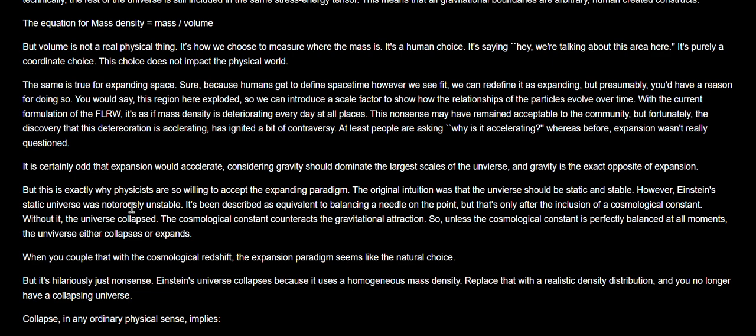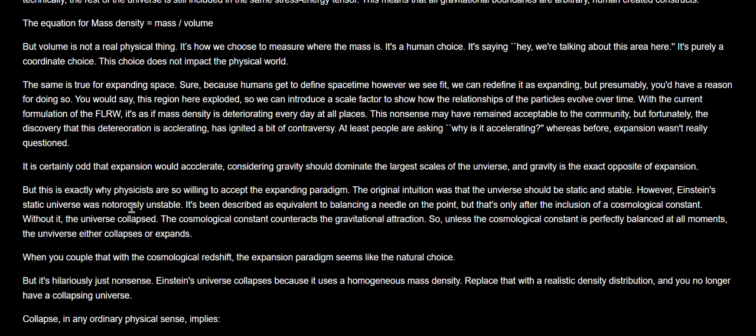It wasn't. It's notoriously unstable. It's been described as being equivalent to balancing a needle on its point. You could actually balance a needle on its head if the head was kind of flat. But anyways, it's like balancing a needle.